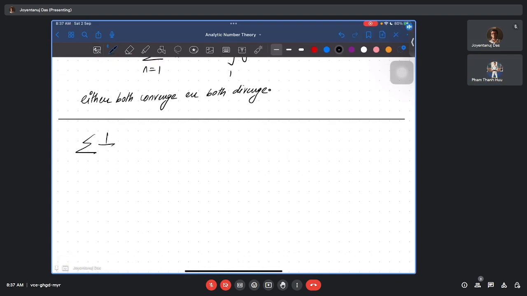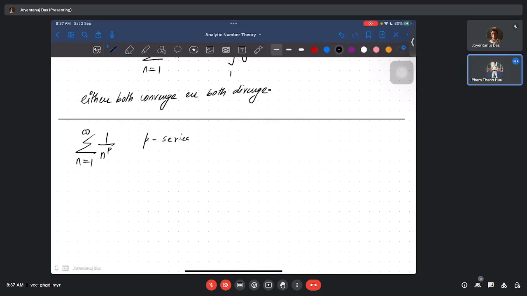If we take 1 by n to the power p, with n equals 1 to infinity, this is called the p series.